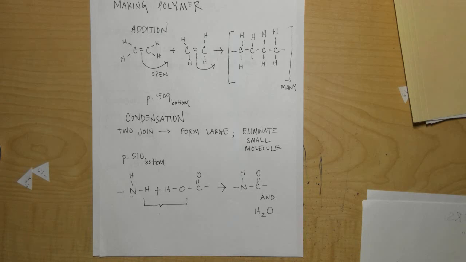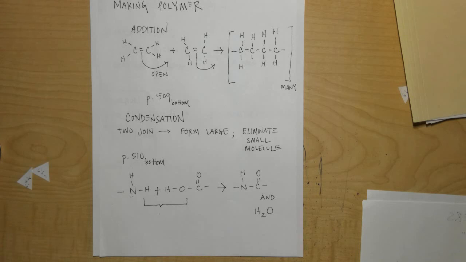Second type of polymer is a condensation polymer. This is where you would join two molecules together, and you would form one large one and eliminate a small molecule. An example of this type of polymerization is written on your notes.